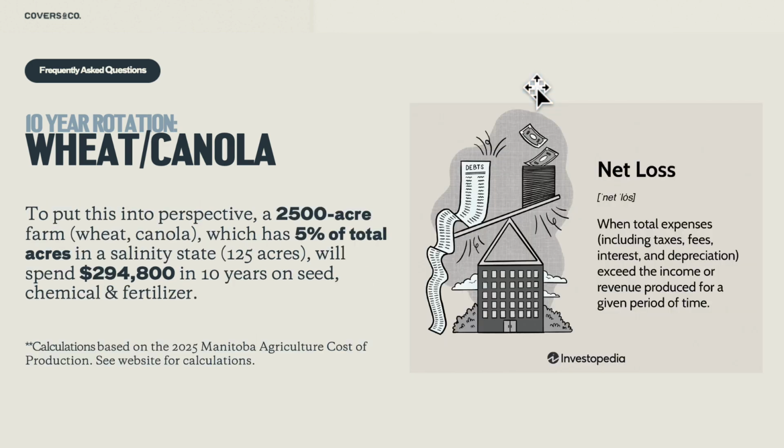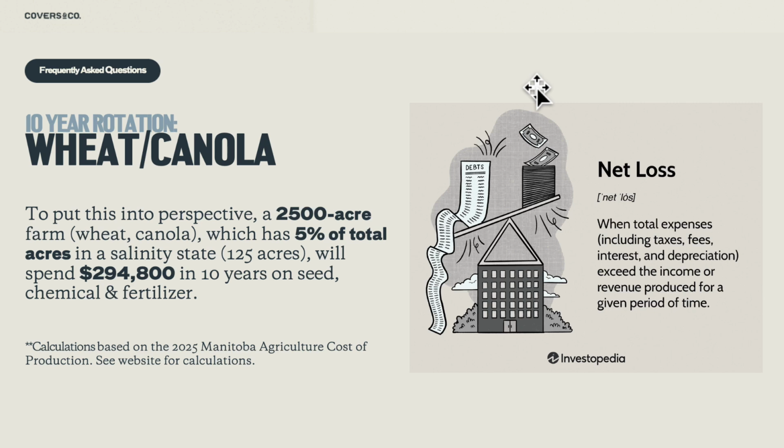So to really put this into perspective, take a 2,500 acre farm with a wheat and canola rotation. If you say 5% of your total acres could be affected by salinity, which is probably pretty average across Western Canada, for sure in parts of southern Manitoba where we have high water tables, we can see salinity regions probably push closer to 10% of your total acres.